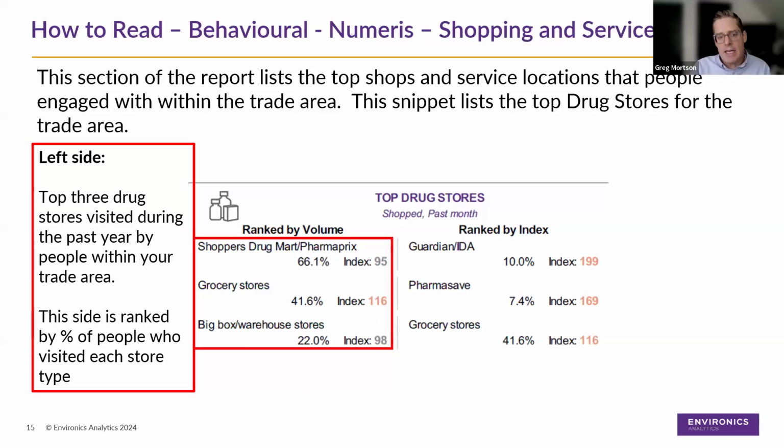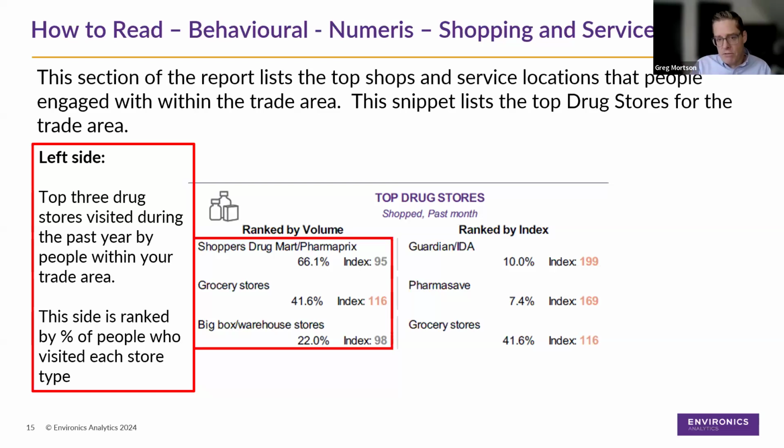So on the left-hand side here, you're going to see where people within my trade area tend to shop for drugstores, and this is looking at the past month. So in the past month, you can see that within this trade area, 66.1% of the population shopped at Shoppers Drug Mart. And this doesn't get into prescriptions versus front store. These are really just people that shop there.